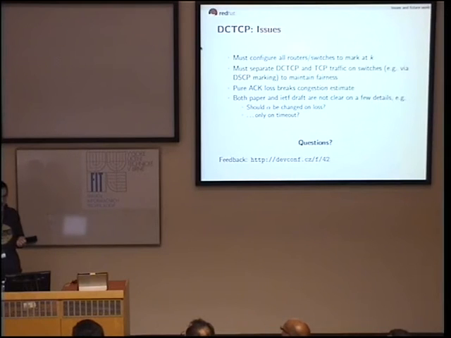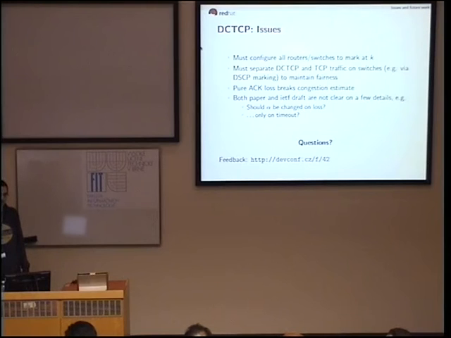Either the switch is configured to drop the packet, in which case the performance of legacy TCP will suck because the buffer size is basically clamped to just 100 kilobytes and it will not be able to accommodate any bursts whatsoever. And if you do it the other way around, namely you just queue the packet, then legacy TCP will drown out DCTCP completely.